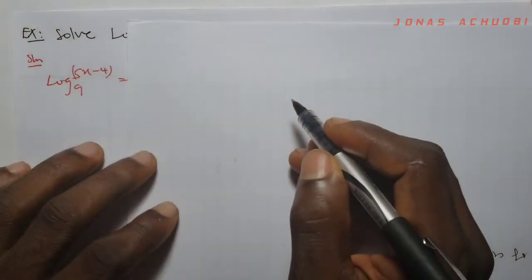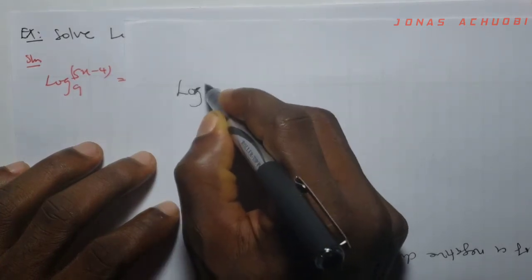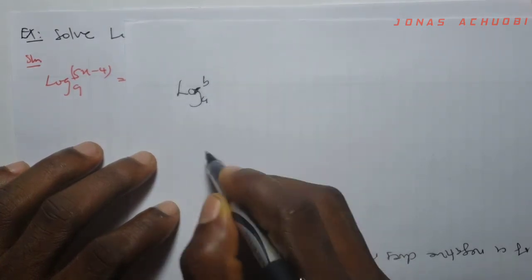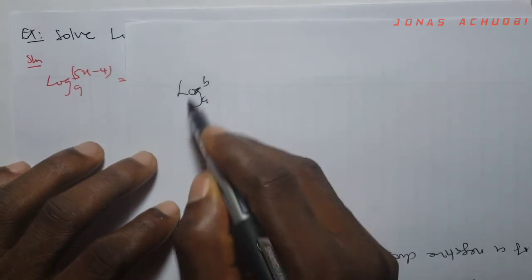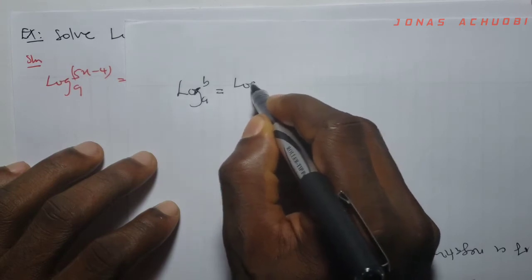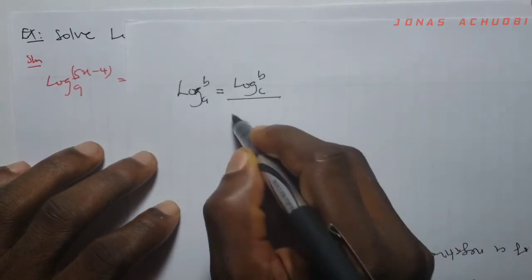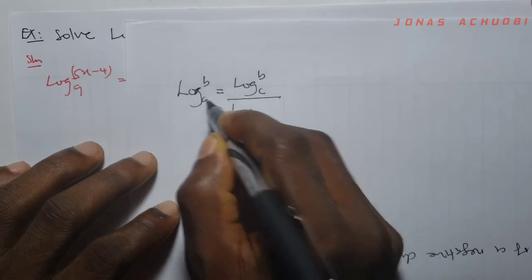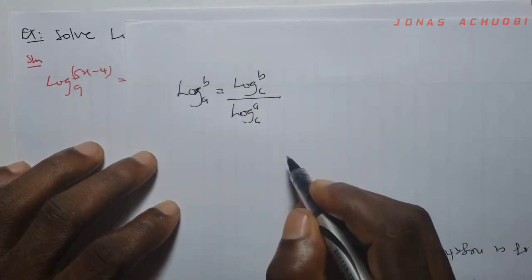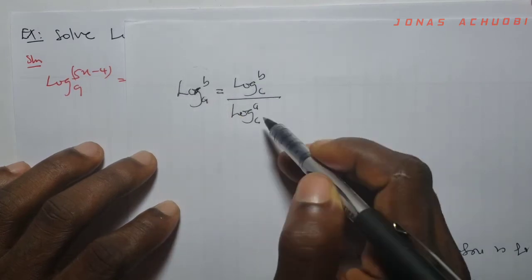So from our law of logarithms, if we have log b in base a, and we wish to change the base of this logarithm to say base c, we write this as log b in our new base c divided by log a in our new base c. And if we do this, we have just changed this log from base a to base c.